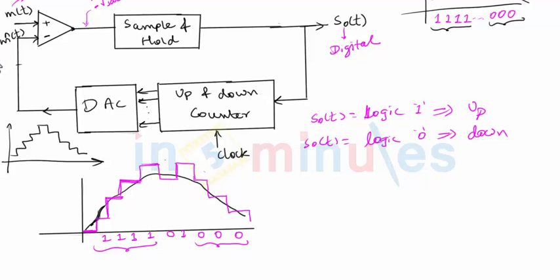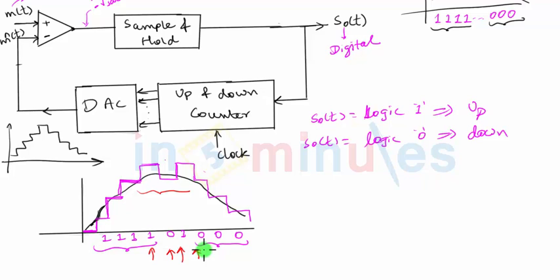Now in between, if you observe, m of t was almost constant, not increasing, not decreasing. In such a case, m cap t will fluctuate around that particular constant value, and this will give us 1 0 1 0 etc. So finally my s of t will become a digital representation of the analog input m of t.